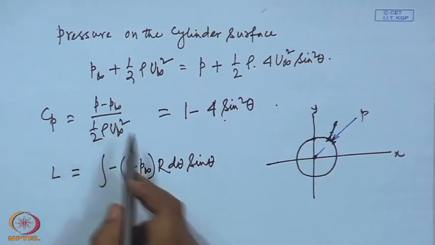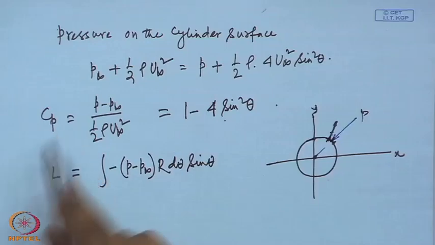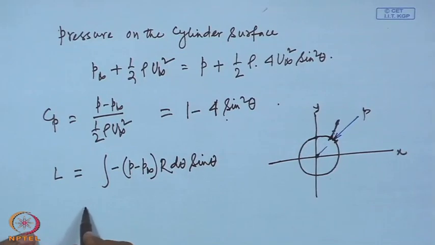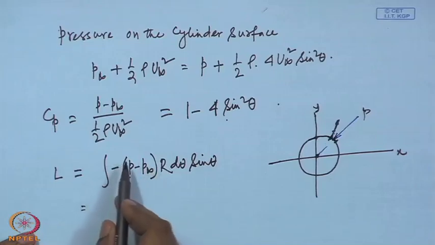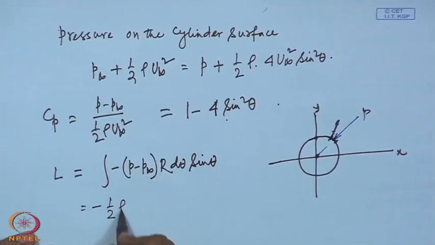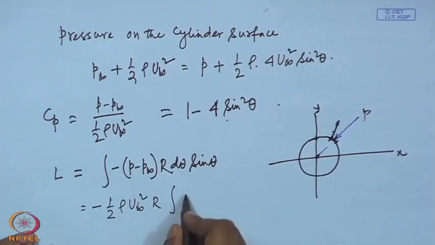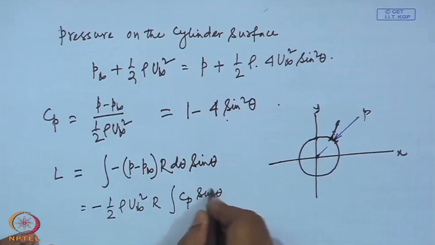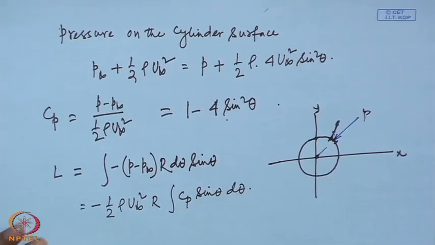That P minus P infinity can be written as half rho infinity square C p. Then half rho infinity square can be taken out, okay.